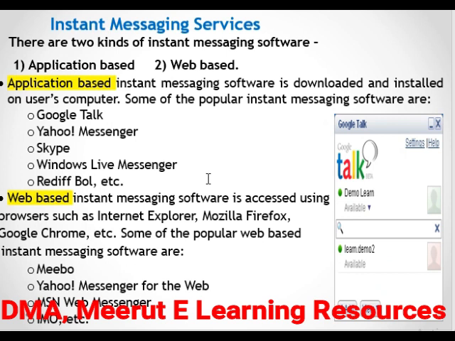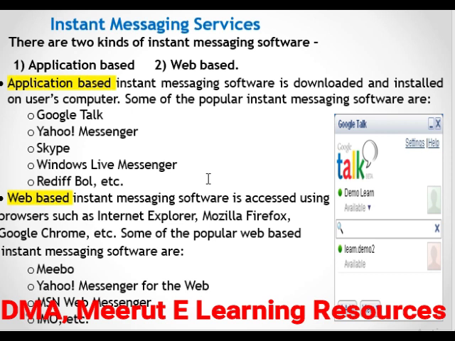Next, how many kinds of services are there for instant messaging? We have two kinds of instant messaging softwares. First is application based and second is web based. Application means softwares that we can download on our computer system or mobile, and we can use it at any time. Next is web based.